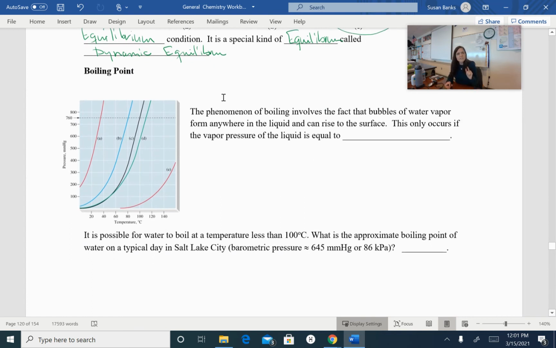The phenomenon of boiling, we've all seen water boil on the stove, involves the fact that bubbles of water vapor form anywhere in the liquid, and they can rise to the surface. This only occurs if the vapor pressure of the liquid is equal to the atmospheric pressure.